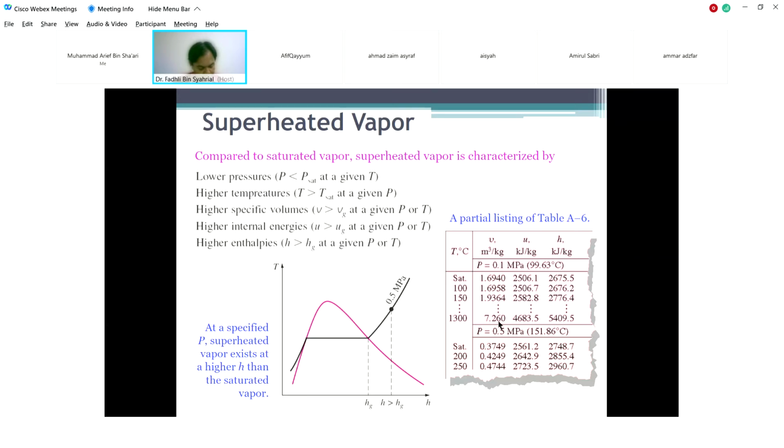Let's say the temperature is 200 degrees C and pressure 0.8 megapascal. The value of specific volume is 0.26088.